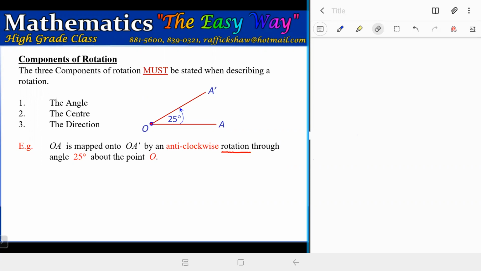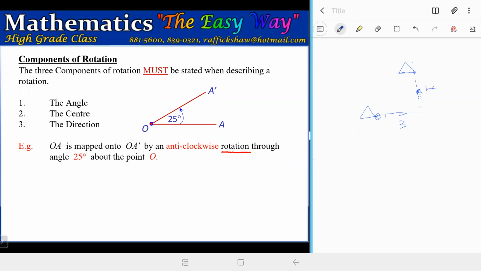So you're going to give the name and components of every transformation. If you're describing a translation, for example, let's say we have a triangle, and the triangle undergoes a translation and moves from here to up here. I'm using this point as my reference point, and the triangle goes 3 units this way and 4 units that way.